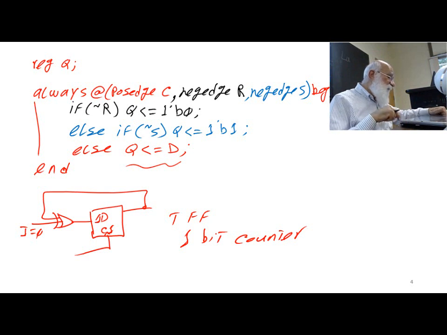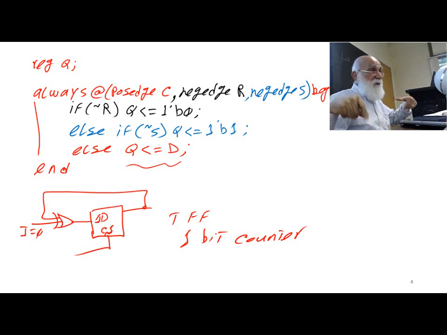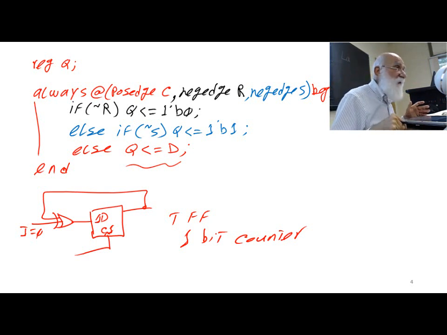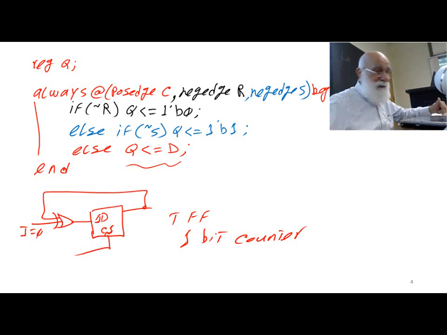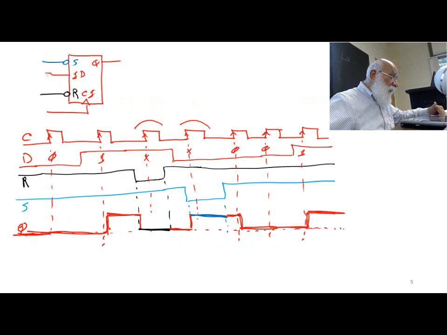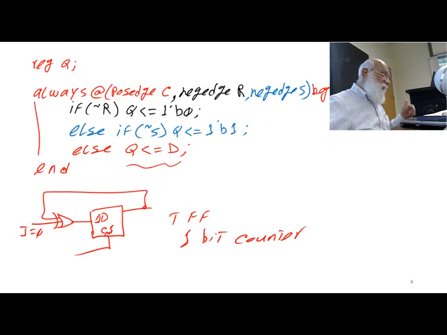I could say that if tilde R and tilde S, that means both of them are active simultaneously, then put some X into Q or something like that, indicating that it has lost the memory, its value. Alright, so this is the timing diagram for this flip-flop.